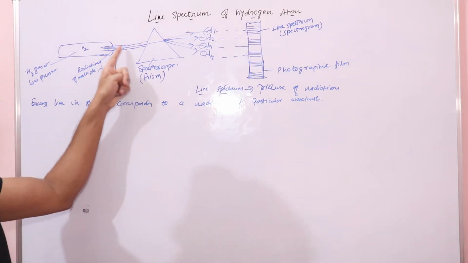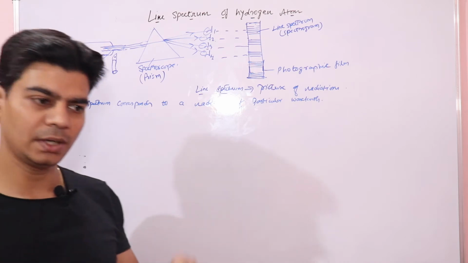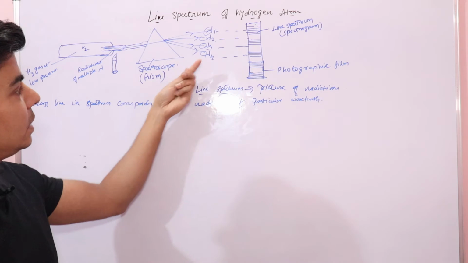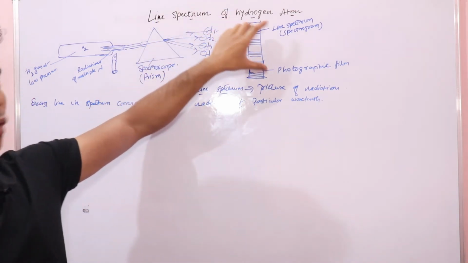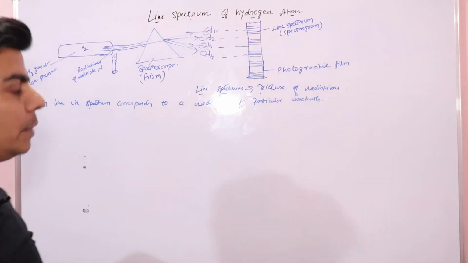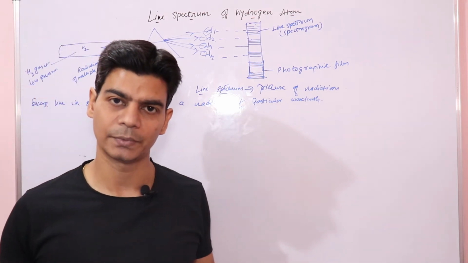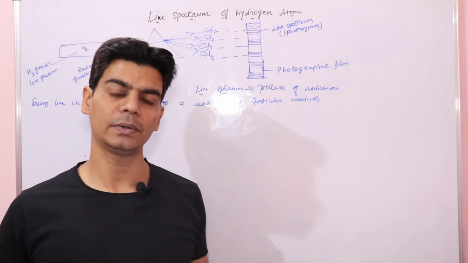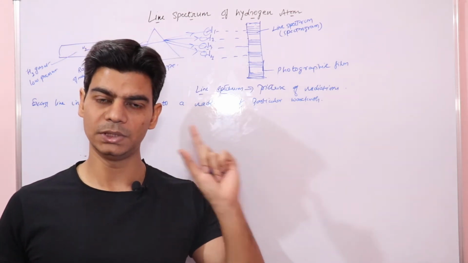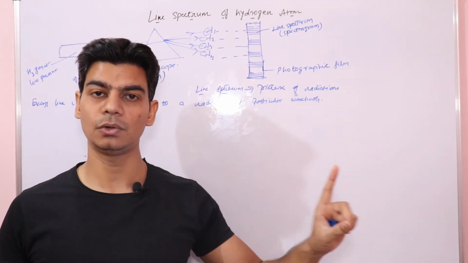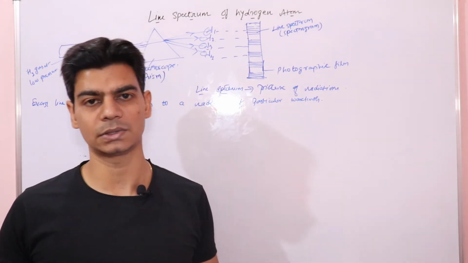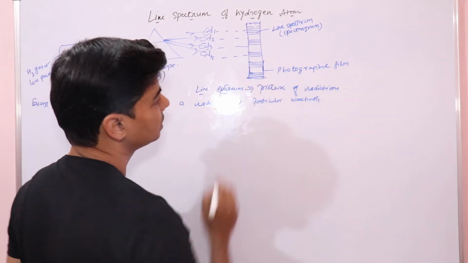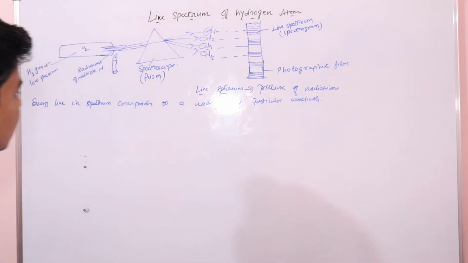The heated sodium will emit radiations which get resolved through this spectroscope, and when the resolved radiations fall on this photographic film, we obtain yellow lines in the case of sodium, of wavelengths 5896 and 5890 angstrom. The spacing between these lines is also specific to specific elements.